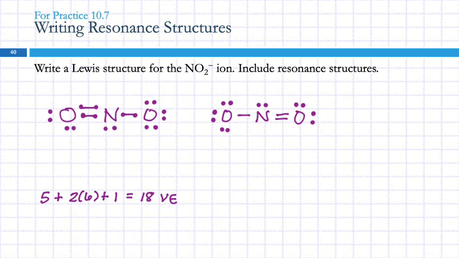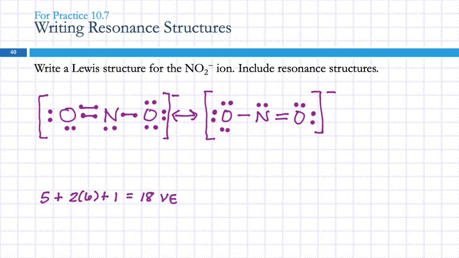And then the other thing we need here, because these are ions, is we need brackets and the charge. That got kind of close. So those are the 2 resonance structures of NO2 minus.